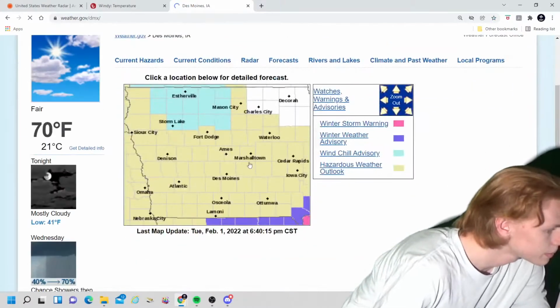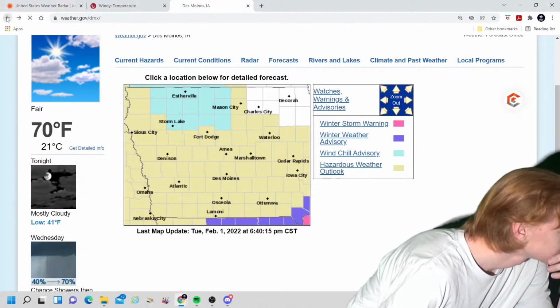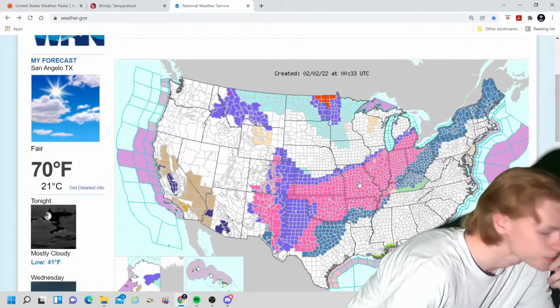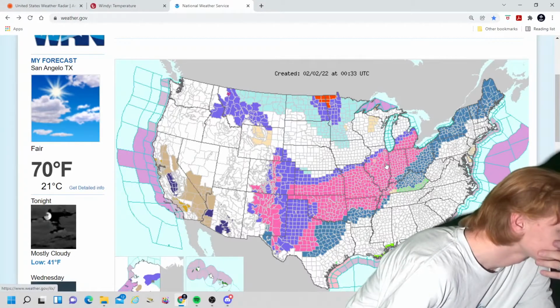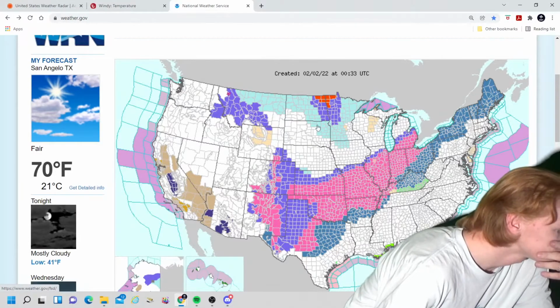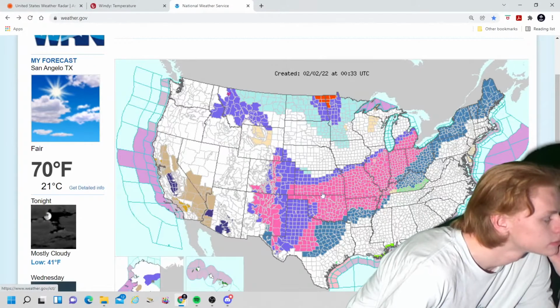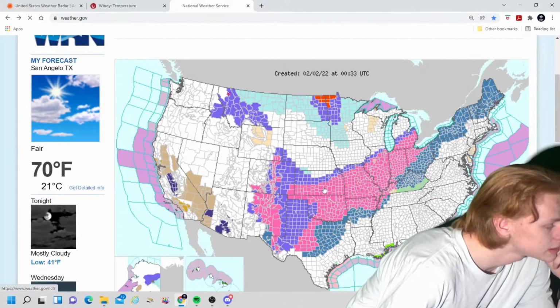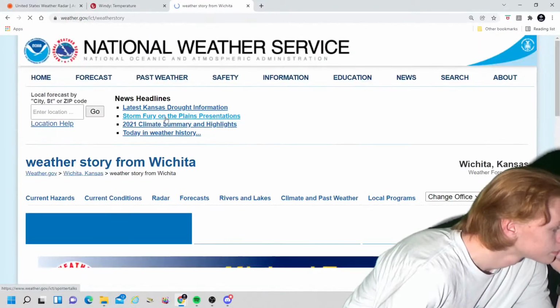This is the Midwest up here, but they're not going to see much of anything in terms of snow, I don't think. I could be wrong about that, though. Midwest is like this area. So maybe this is the Midwest. I don't know.